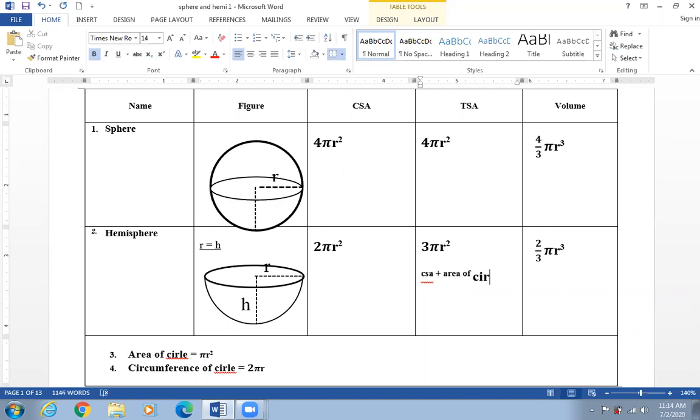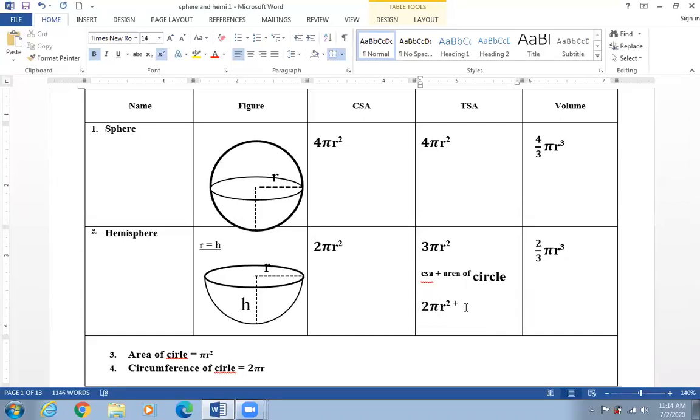Okay, so it is included in it. Now, what is the formula of CSA? CSA is 2 pi r square, isn't it? That means CSA is 2 pi r square.